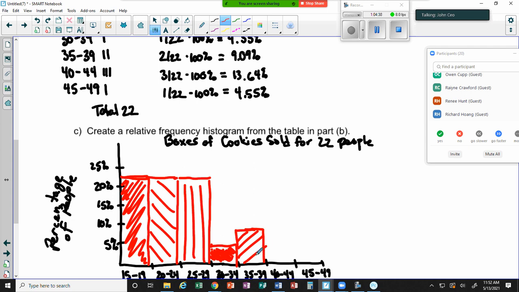And then 40 to 44, we're at 13 point. Then 45 to 49.